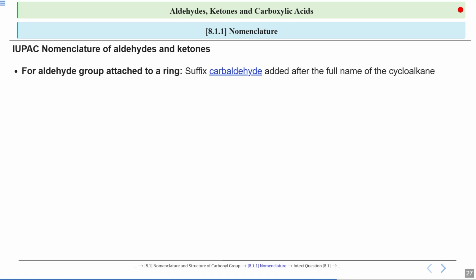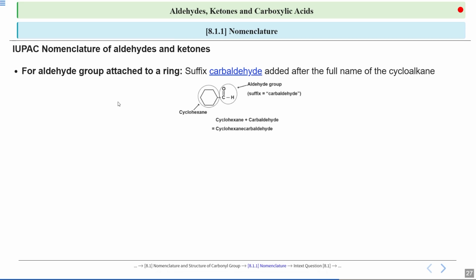Now for an aldehyde group which is attached to a ring. If an aldehyde group is attached to a ring, the suffix carbaldehyde is added after the full name of the cycloalkane. So first you will write the full name of the cycloalkane and then you will add the suffix carbaldehyde.